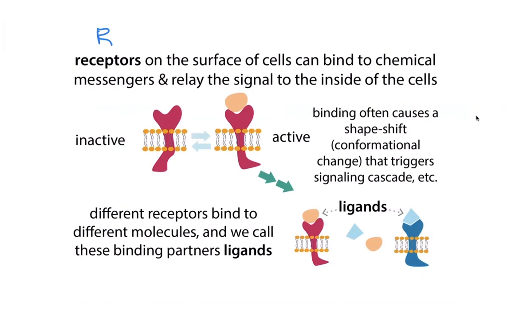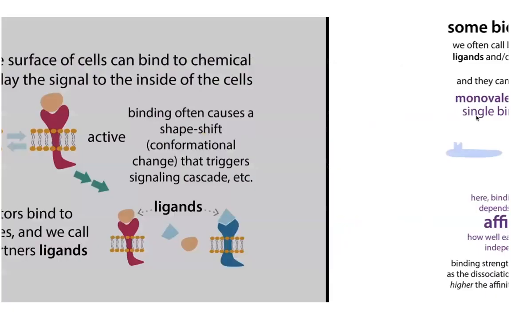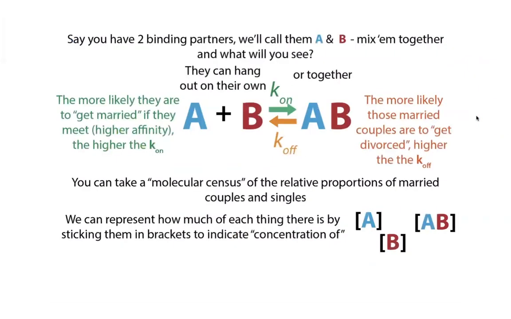So you'll sometimes see R and L, you'll sometimes see P and L. Your book uses P and L, for protein and ligand, but it doesn't have to be a protein. It can be other things too, and so we can write this same sort of equilibrium constant for whatever our A and B are, and I'm just going to use the terms A and B.